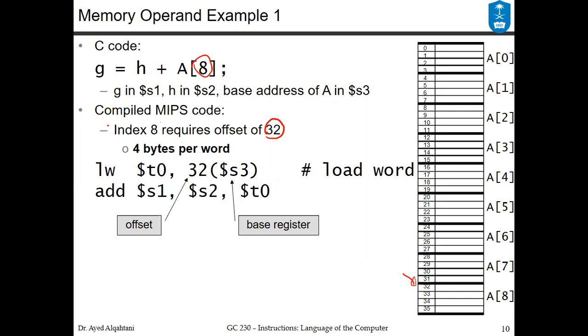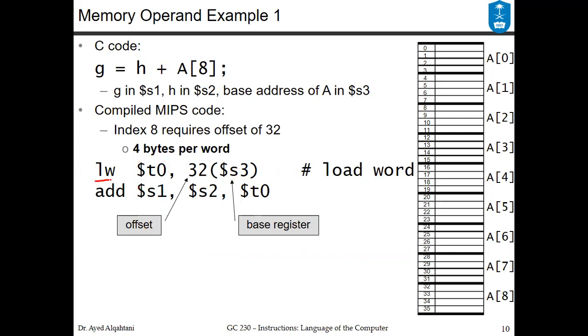So now, how to do this? When we have a memory access instruction, we need to know the base register, which in our case is S3. We need a base register, and we add to it the offset that we want. So the load instruction has only 2 operands. The first one is the destination register, and the second one is the base plus the offset.